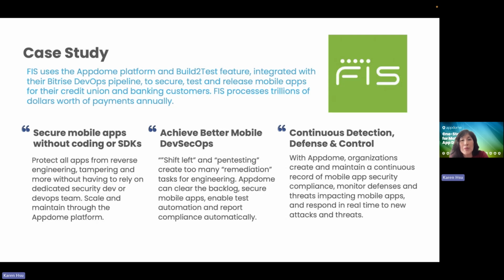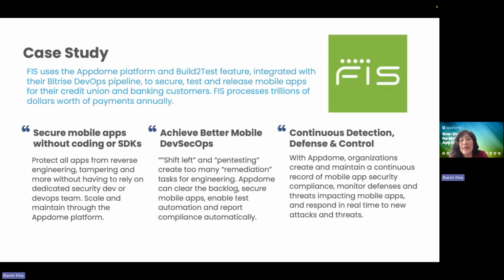Now, why did this challenge come about of needing to automate security and automate the testing of secured apps? Well, it started because as FIS shifted left, it found it created many tasks for engineering that engineers simply could not handle. There were a lot of issues in the backlog that the engineers could not address.